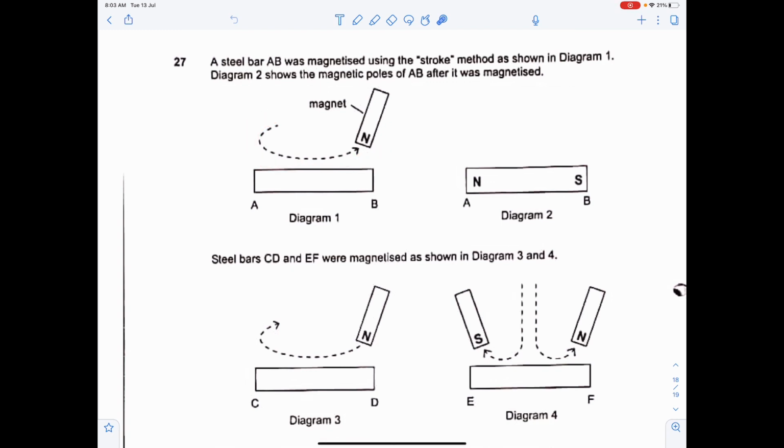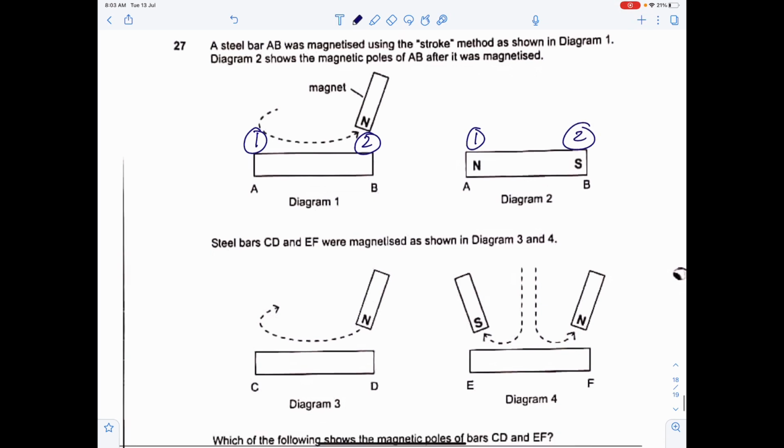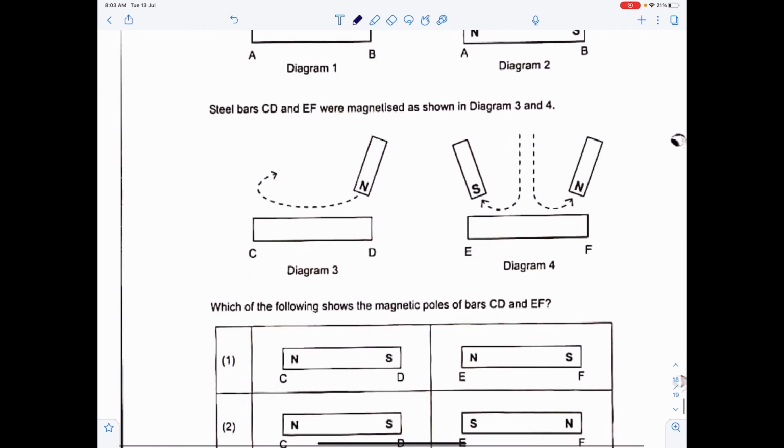So that means the north part of it actually touches A first. This is the first position that it touches, and this is the part that it leaves. Having said so, the north pole that touches the side A first became your north pole, whereas the part where it leaves became the south pole. So this is position 1 and this is position 2. Using this, we can then deduce what will happen later on.